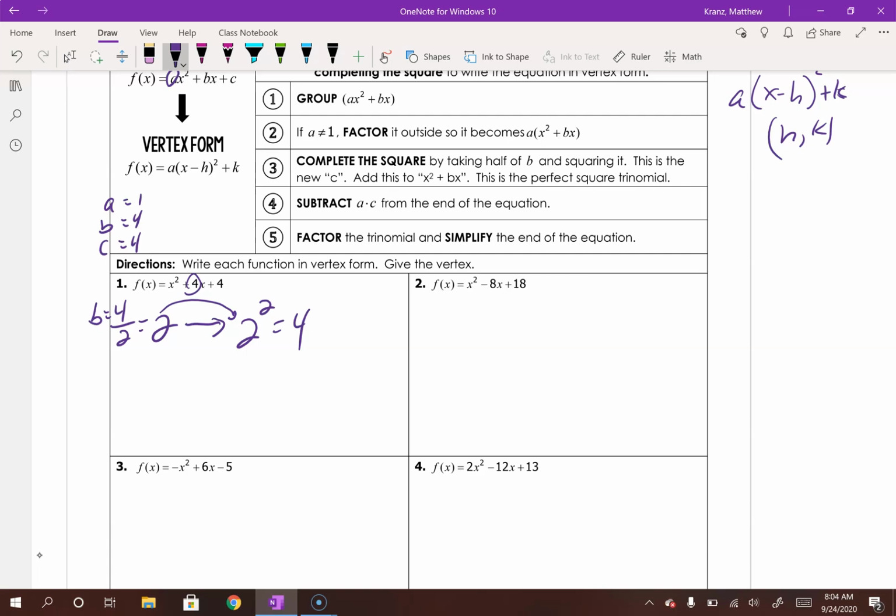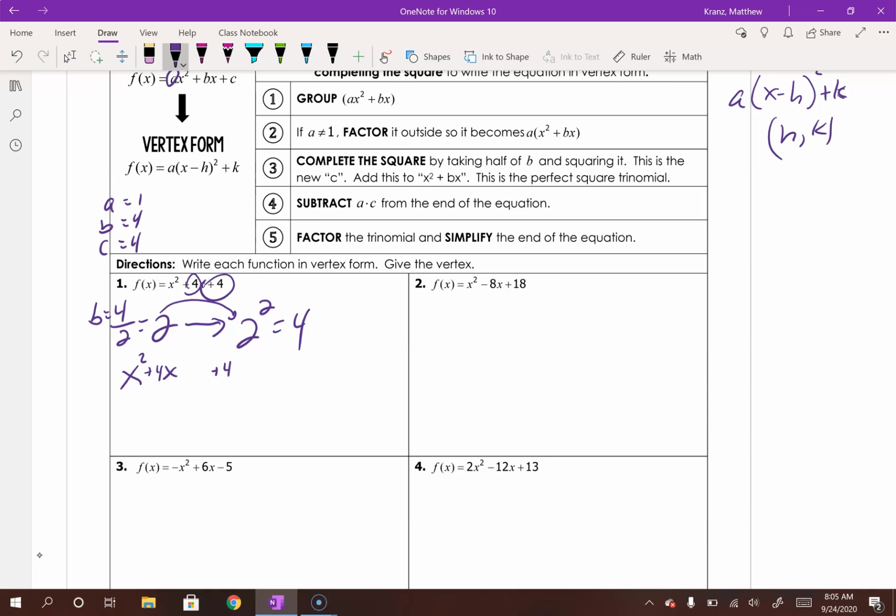Now, once I have 4, I'm going to rewrite my equation. My original equation was x squared plus 4x, and there was a 4 here originally. Whatever was originally there doesn't matter. I'm going to give it some space, leaving some area in the middle.